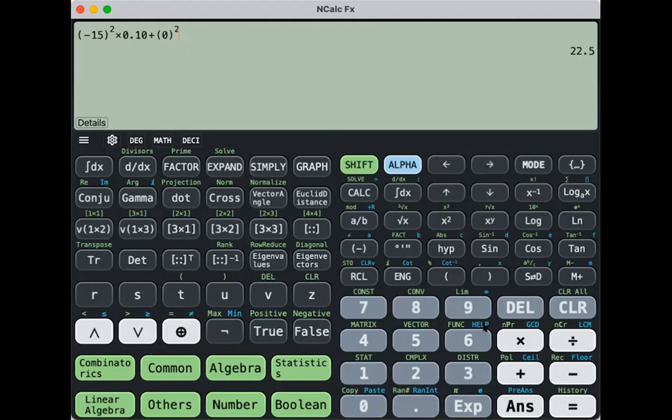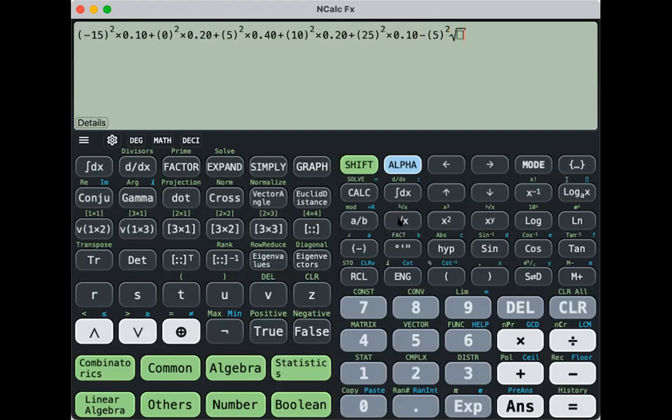With others, like mine on the screen, it just goes down, multiplied by the corresponding probability, which is 0.20, plus, open bracket, 5% squared, times the corresponding probability, which is 0.40, plus, open bracket, 10% squared, multiplied by the corresponding probability, which is 0.20, plus, open bracket, 25 squared, multiplied by the corresponding probability, which is 0.10, minus the expected return, which is 5% squared. And then we get 90.